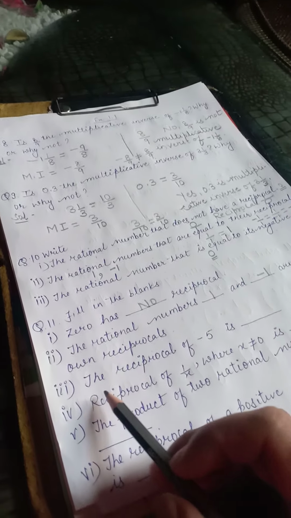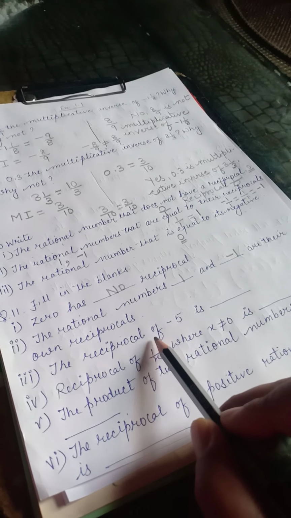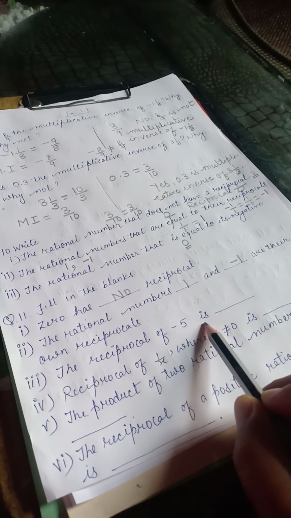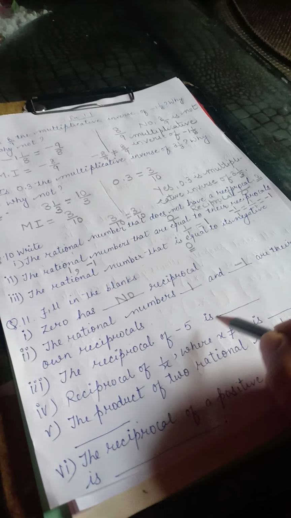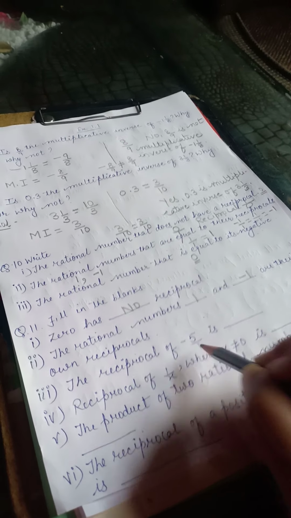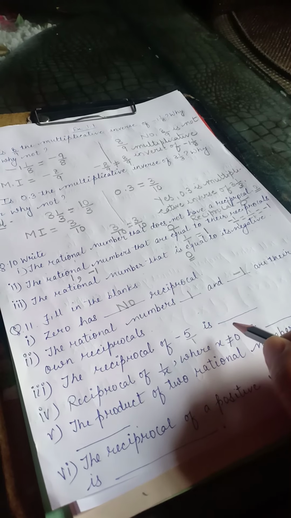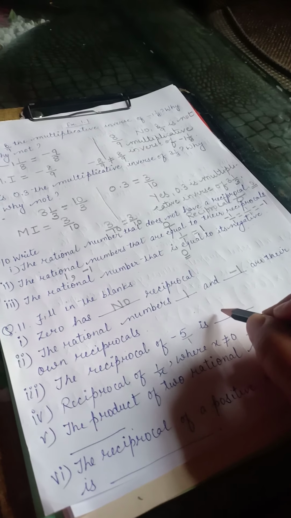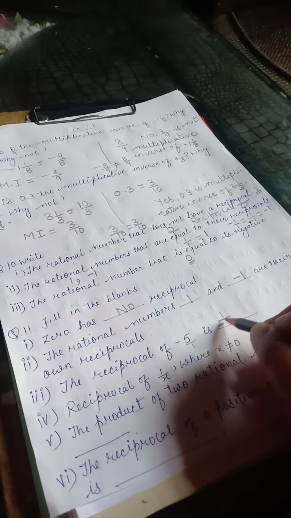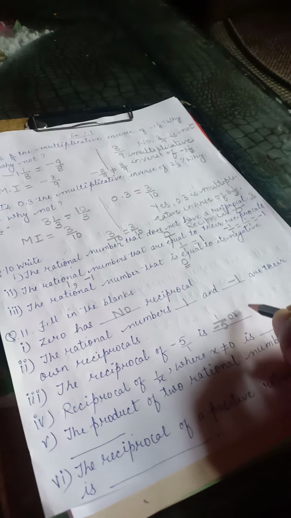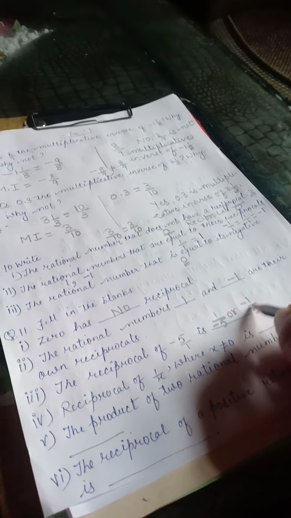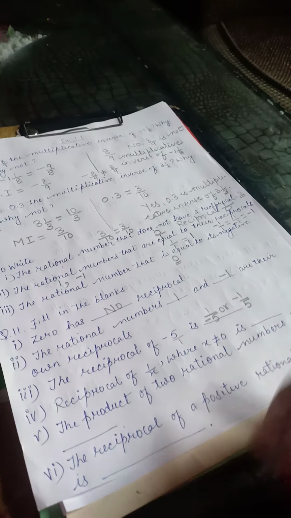Come to the third part now. The reciprocal of minus 5 is dash. Reciprocal means we have to find its multiplicative inverse. So we can write the reciprocal of minus 5 is 1 upon minus 5 or minus 1 upon 5. Any one you can write as the answer.